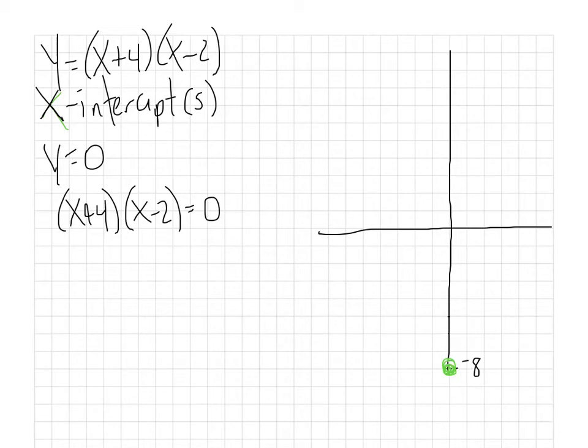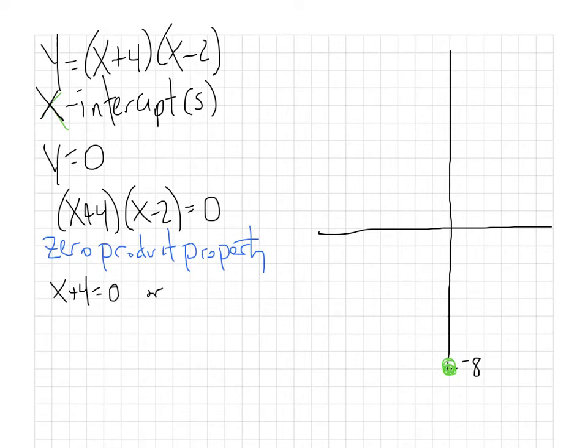We're going to use the zero product property, which says that if x plus 4 times x minus 2 equals 0, then x plus 4 equals 0, or x minus 2 equals 0.